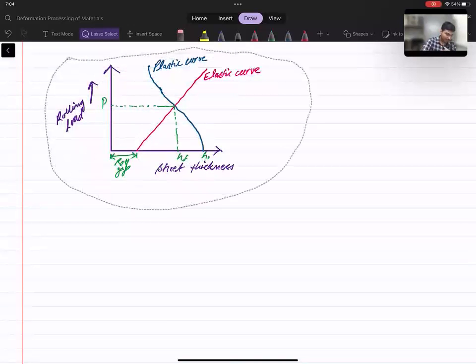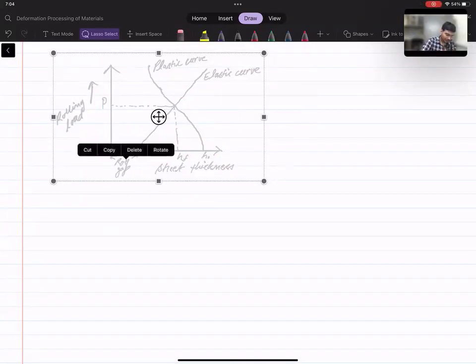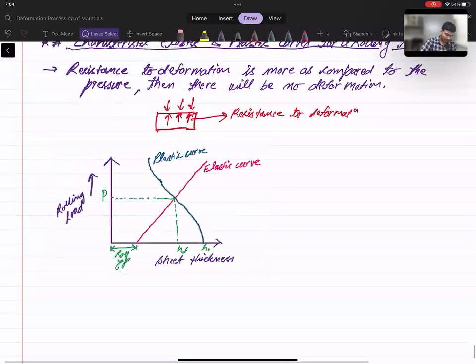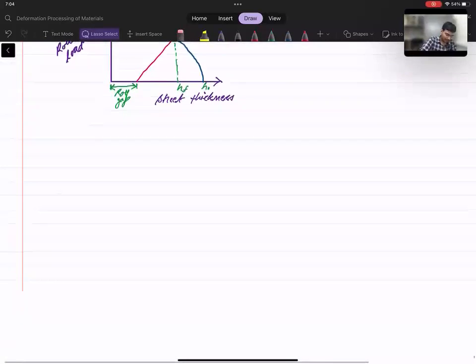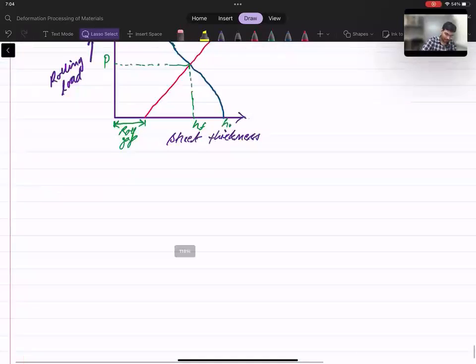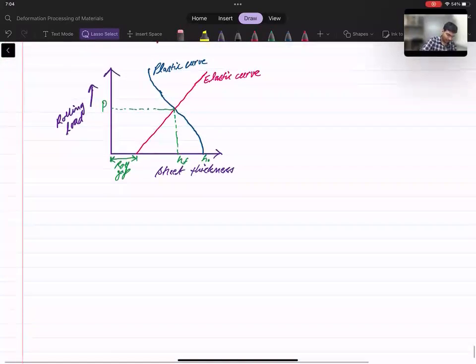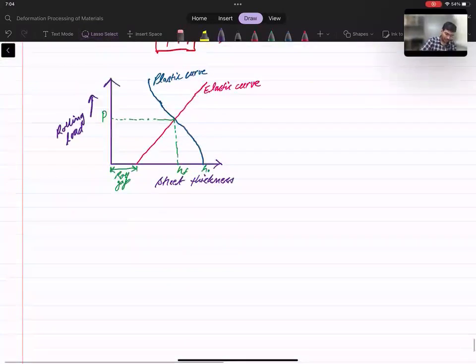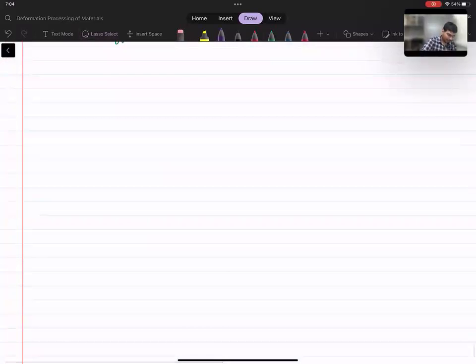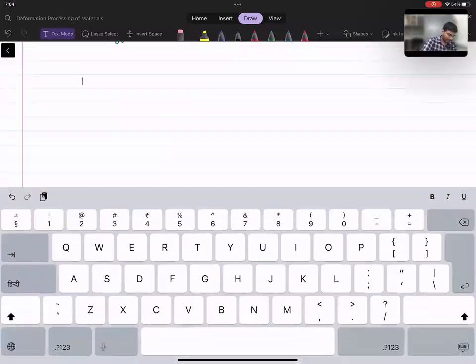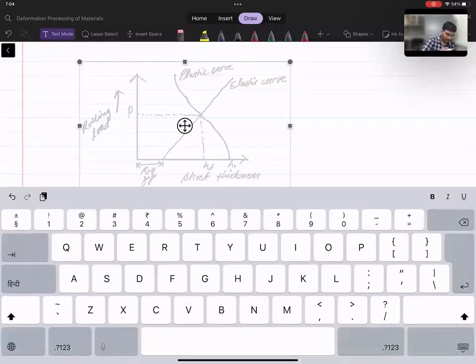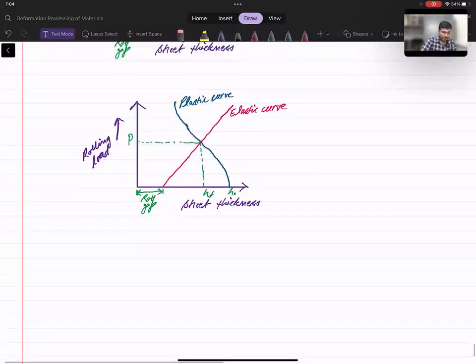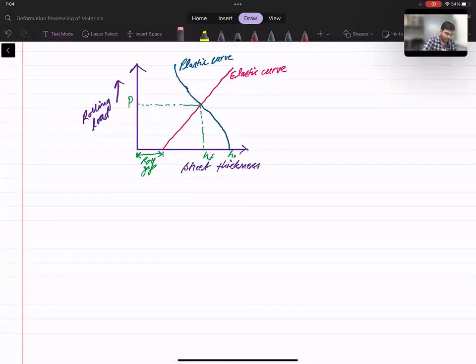Let me copy this particular section, and again go to drawing board, and let me paste it here. So this is the typical curve we were talking about. Now let me erase these portions.